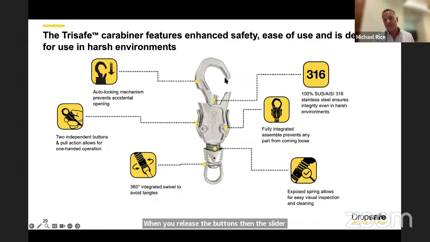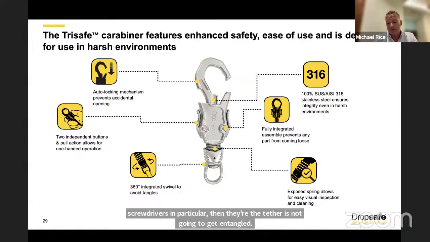So again, you don't have to rely on the operator to do a secondary manual process of screwing a nut lock into place. And then these carabiners are also very user-friendly because we've integrated a swivel on the end. So if you are using rotating tools, wrenches, or screwdrivers in particular, then the tether is not going to get entangled.